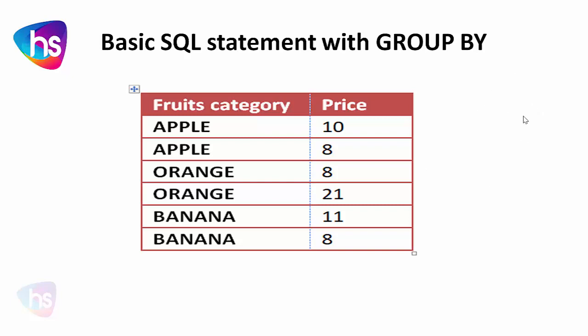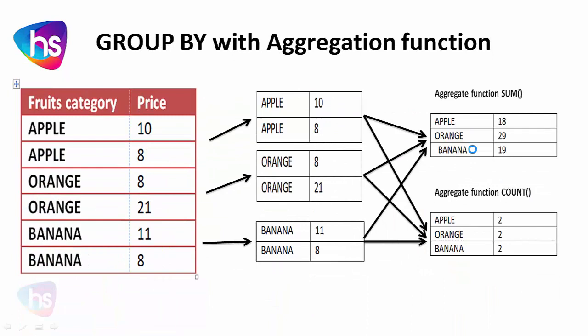Okay, now let's see GROUP BY with aggregate functions, how it is going to be executed. In our previous lectures, I showed you very clearly min and max. If you have not gone through those video sessions, go back and see how we applied sum, max and min. Likewise, see here the same previous screen with the fruits category: apple, orange, banana.